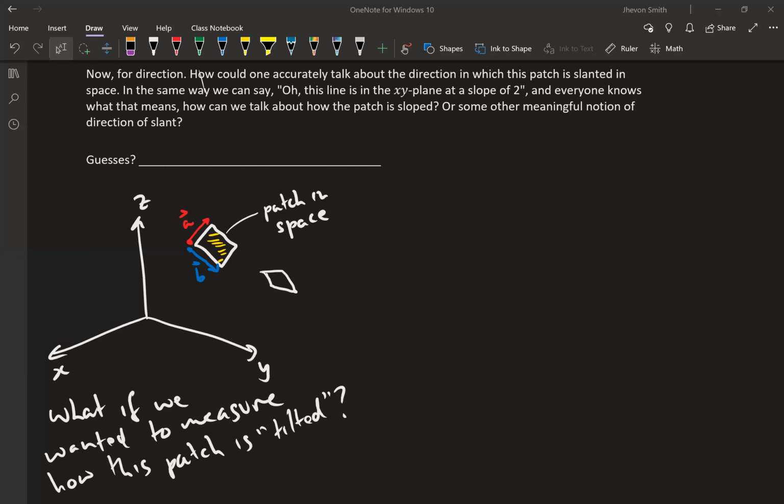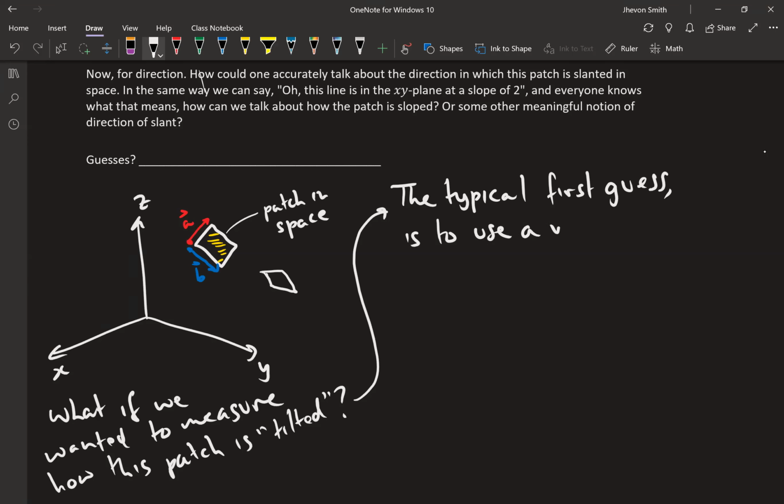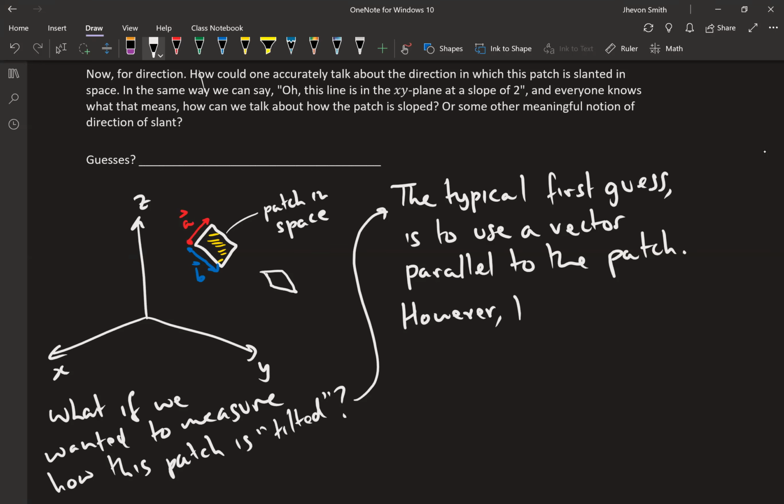So now the typical first guess, which is not necessarily correct, to talk about this one is to use a vector parallel to the patch. However, it turns out that this does not work.